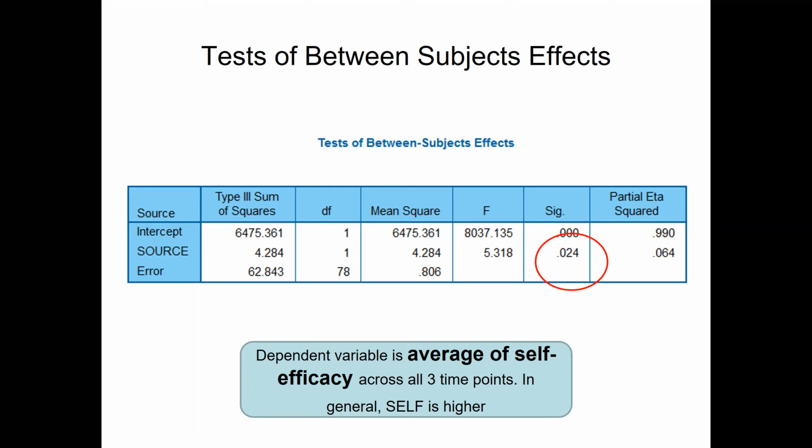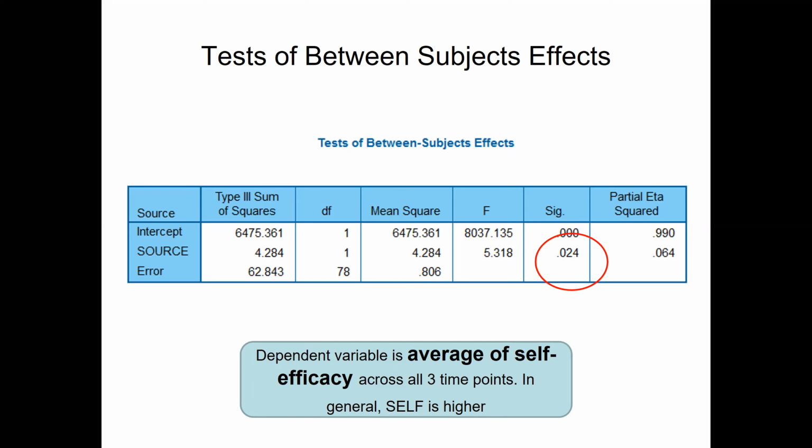And what this tells you is that on average, regardless of time point, in general, self-feedback is higher on self-efficacy than peer feedback.